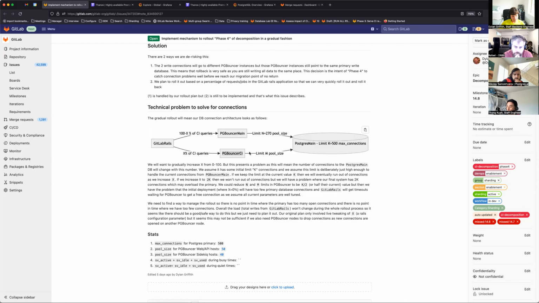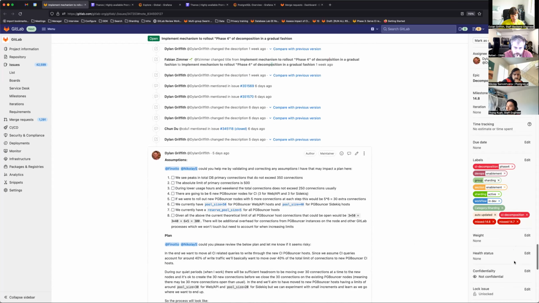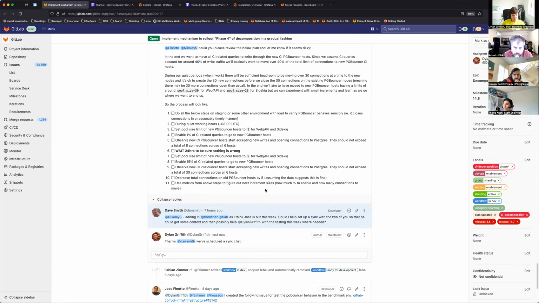Okay, so that's the plan I've documented here. We start with step 1. We create our new PGBouncer CI hosts, and each host will be allowed to open 1 connection to Postgres, and we'll enable 1% of our CI-related query traffic to go to these new PGBouncer hosts.